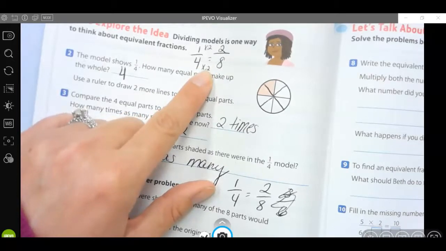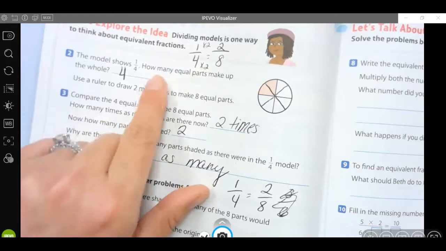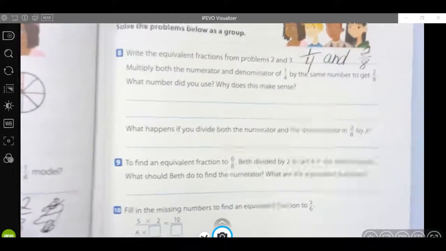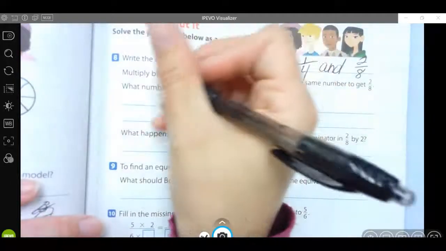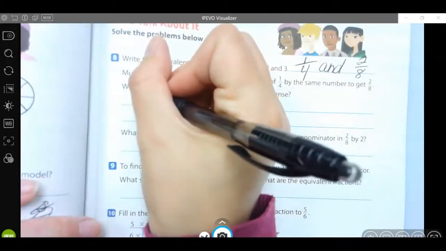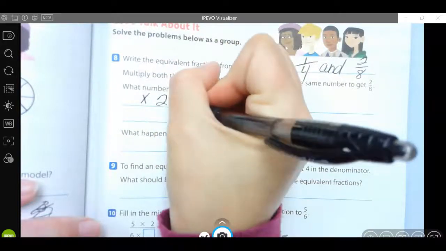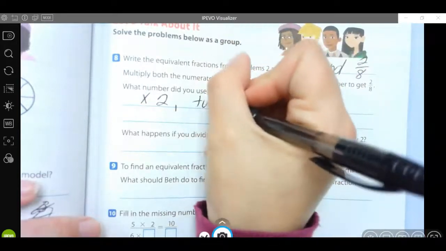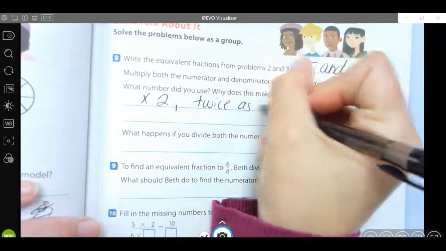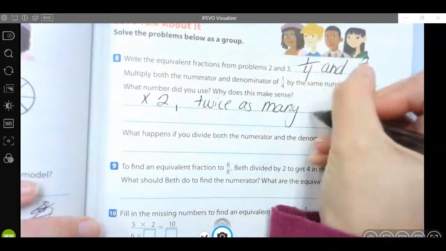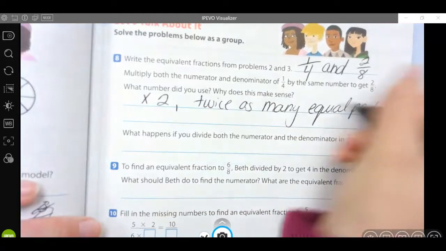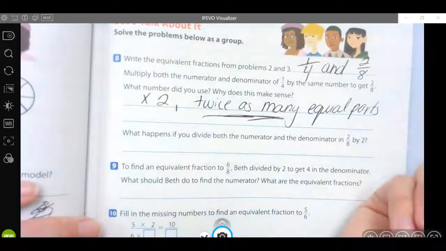It made sense because the question said twice as many equal parts. So for number 8, we're going to say we used the number 2. We multiplied by 2. And we did this because there are twice as many equal parts.